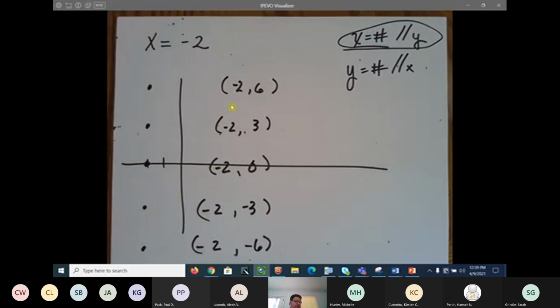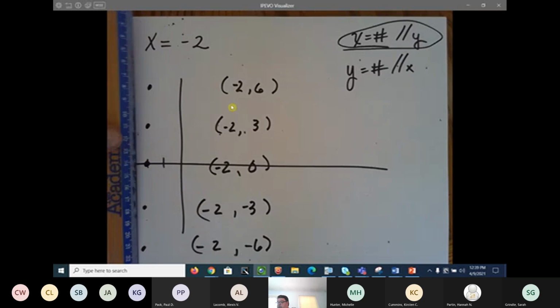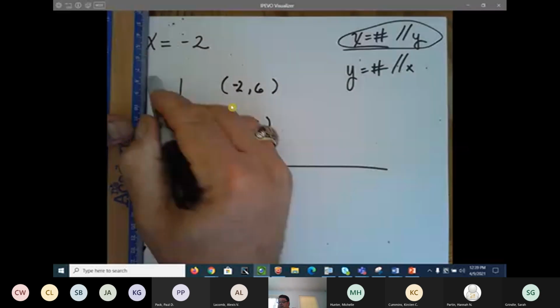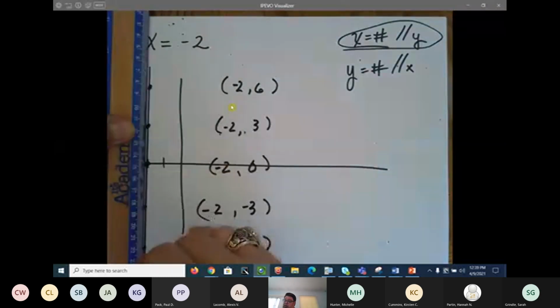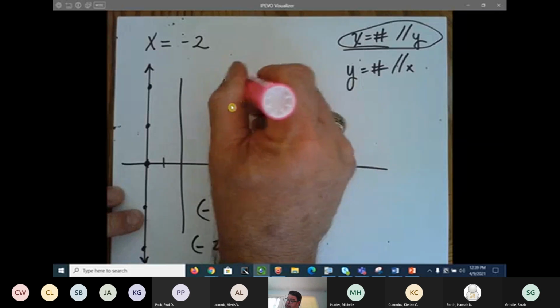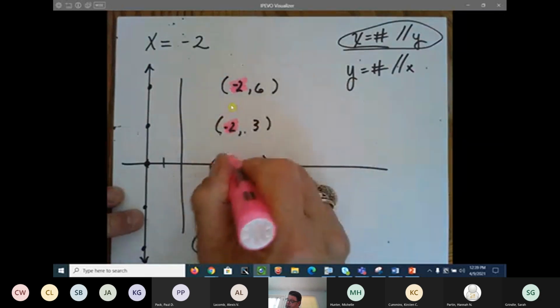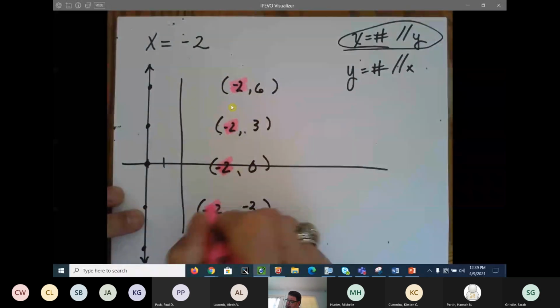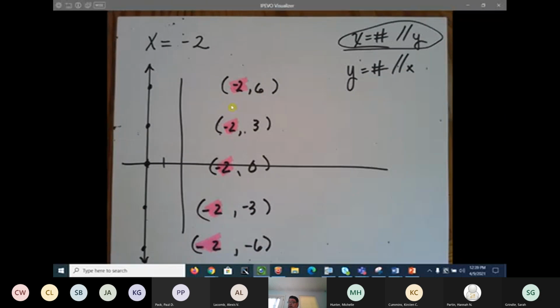And anytime you draw an X is equal to a number, it's going to be parallel to the Y-axis because each one of the coordinates, the X is equal to what? The X is equal to -2. And that's what you should see when you graph one of these on the test.